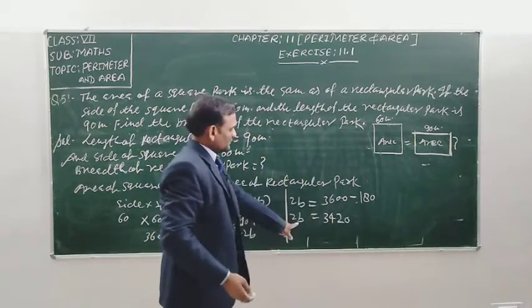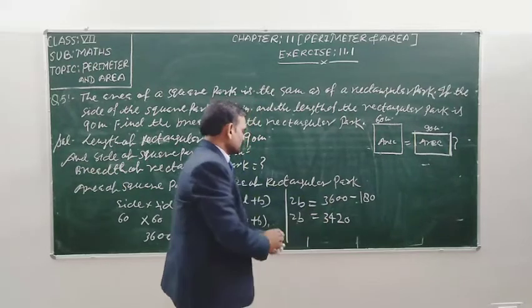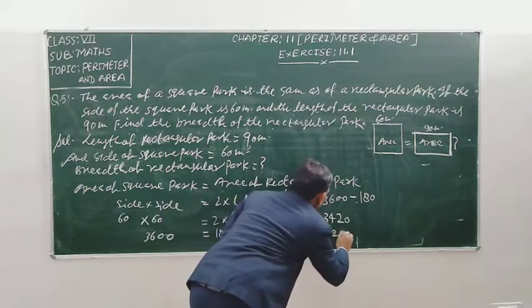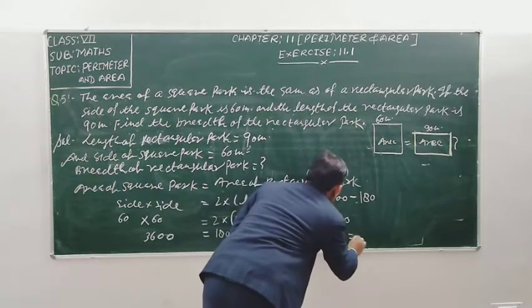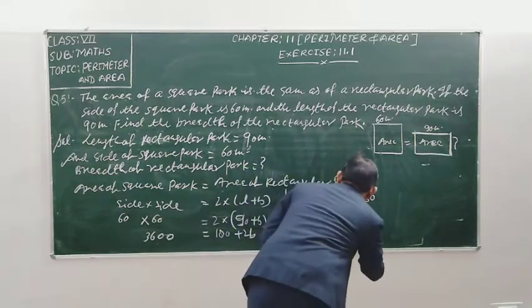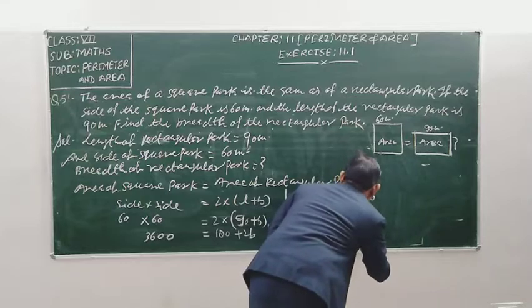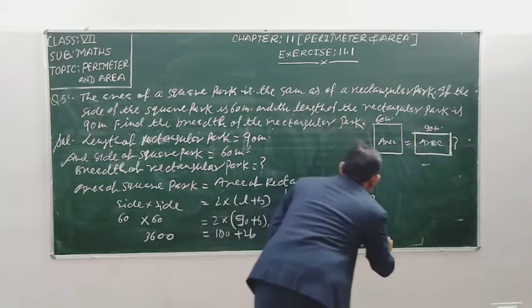Now to find b, transpose 2 to the right side, we have to divide, so b is equal to 3420 upon 2, and when you divide we get 1710 meter.